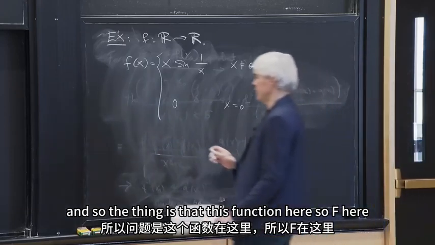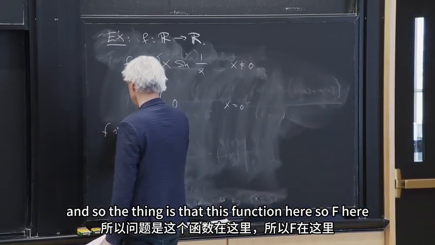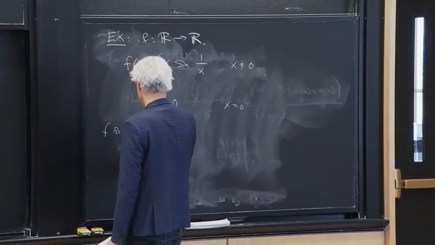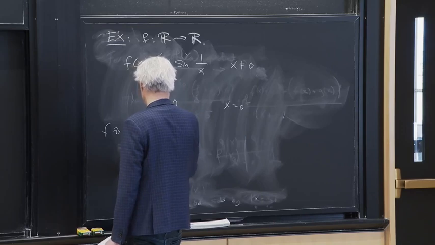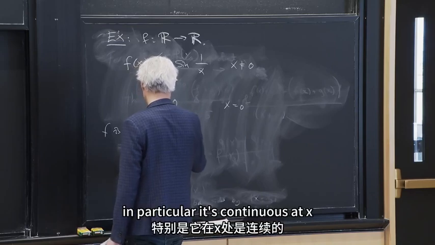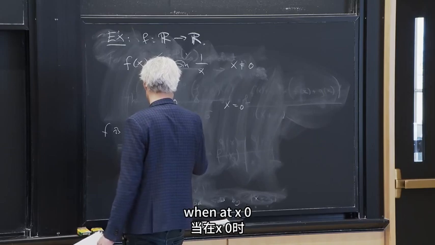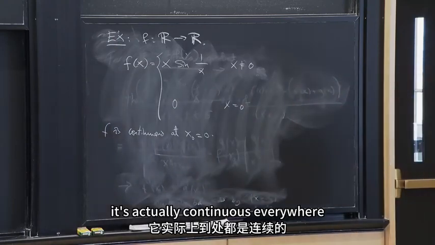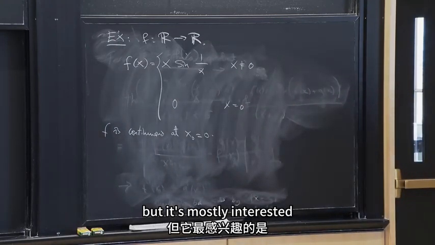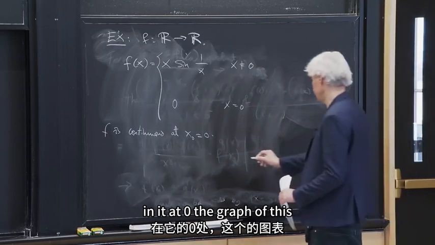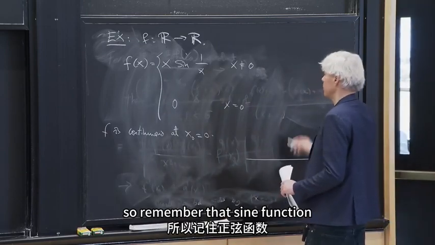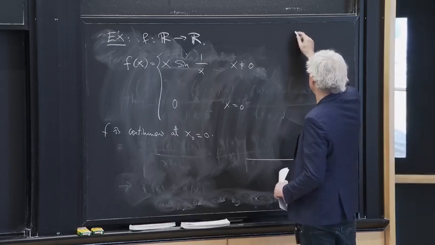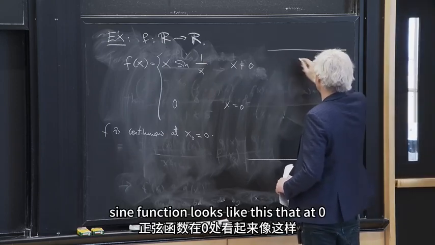And so the thing is that this function f is continuous. In particular, it's continuous at 0. It's actually continuous everywhere, but we're mostly interested in it at 0. For the graph, remember that the sine function looks like this.